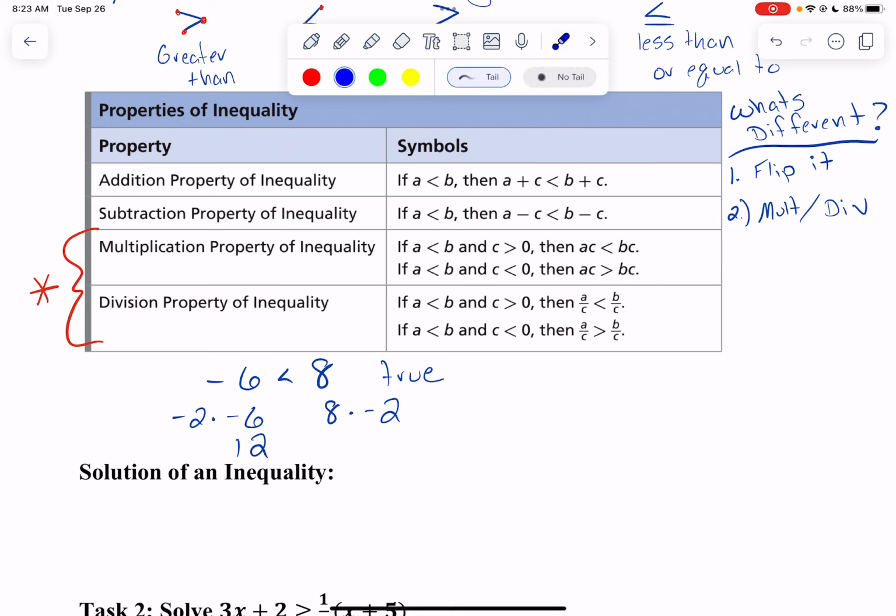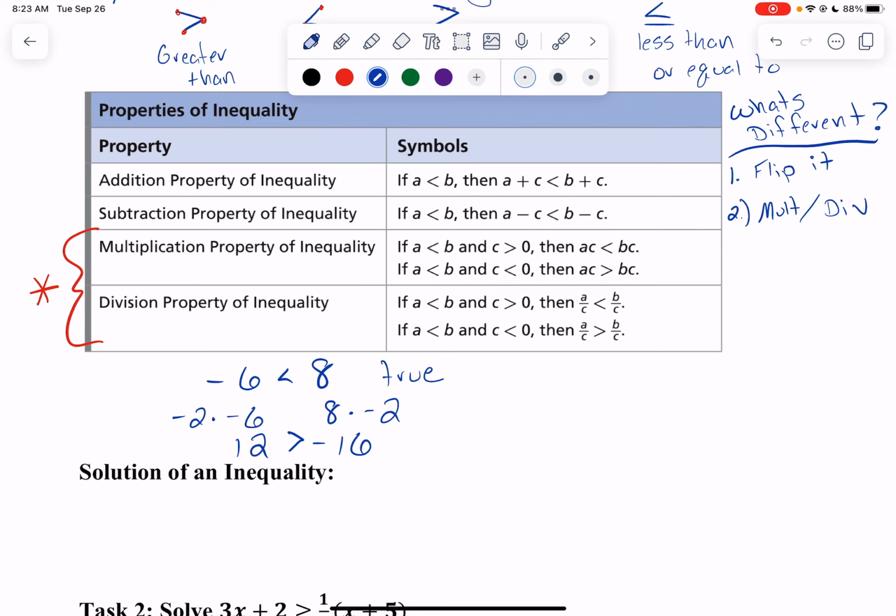And my right side, which was once positive 8, is now going to be negative 16. Does it still work for me to use a less than sign? Is 12 less than negative 16? No, because the side that was negative has now switched. So my inequality has to switch.